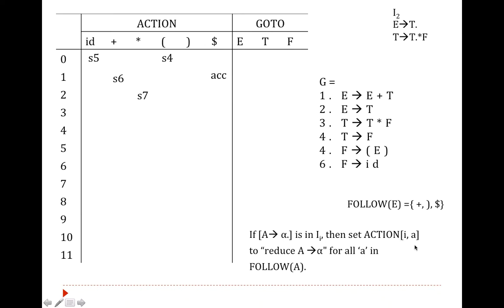So 2 with plus, 2 with closing, 2 with dollar will be set to reduce to A gives alpha, which is rule 2. So it will be set to R2. E gives T is the production rule.